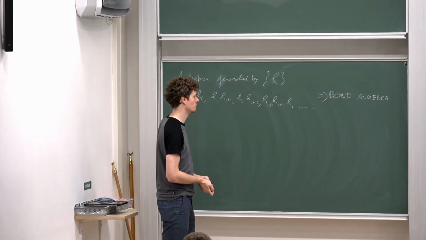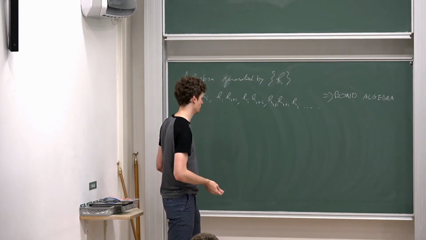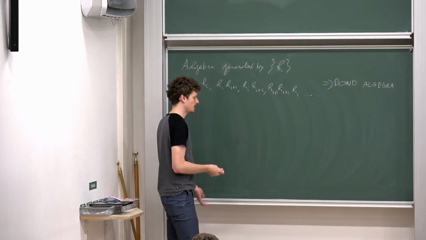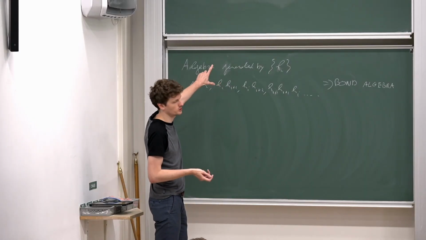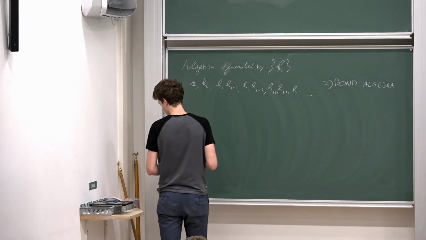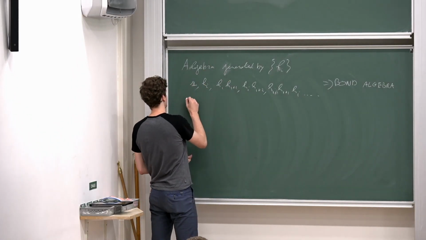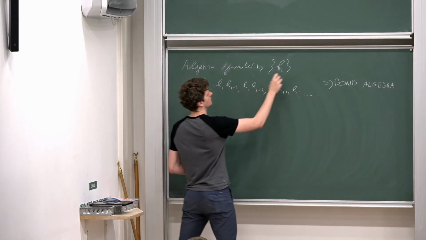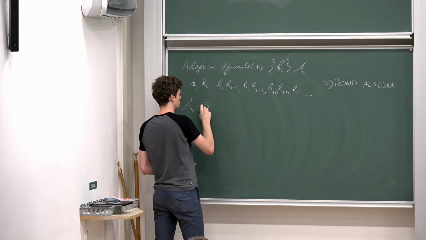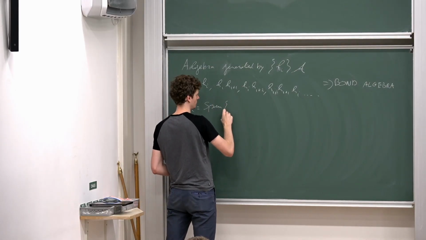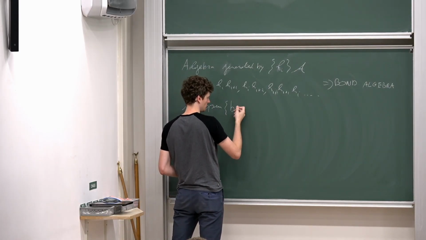What you can do is try to define an orthonormal basis for this bond algebra. Let me say this algebra is called A. This algebra A is the span of these elements, let me call them B_x.